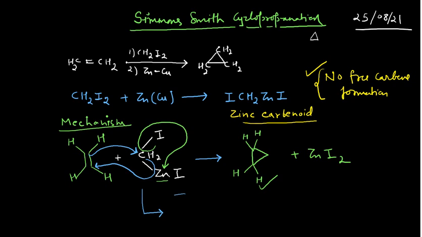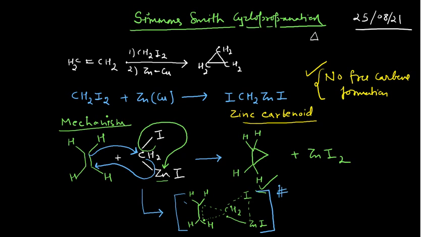So, these were the two hydrogens attached to this alkene, and the double bond that was present here will break, and then this will form a bond with this CH2, and that CH2 will form a bond with this, and I will depart from here, and this bond is permanently bonded with this zinc and I, and this will form the bond with this zinc, and this is your transition state. This is your TS, very important.